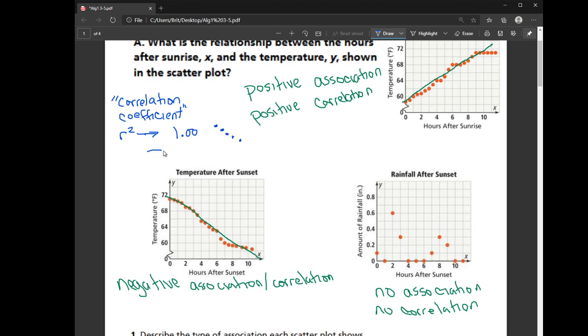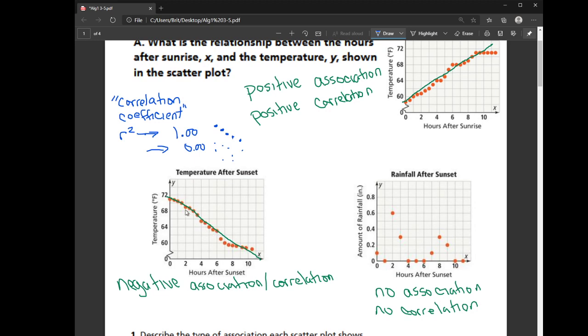And then the closer to 0 you get, the more scattered they are, like that. So there's no correlation. So as we move on, you guys will find that we'll get these correlation coefficient values, and the closer to 1 that it is, the closer the points are to the line.